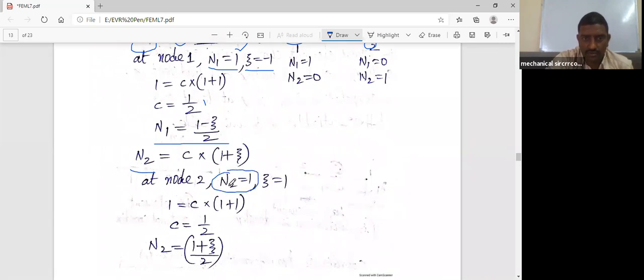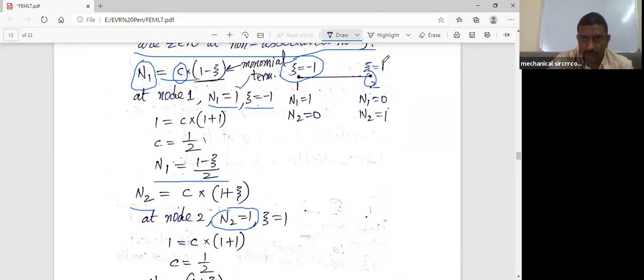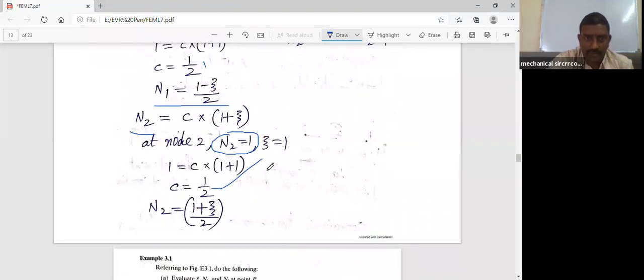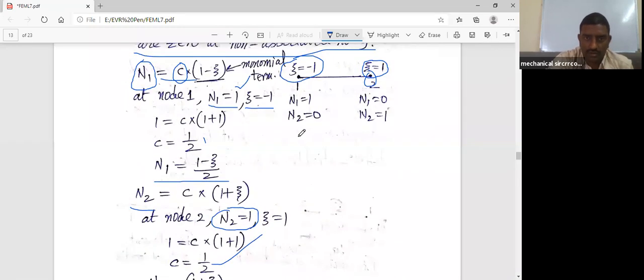At its own node, N2 value is 1, so ξ is equal to 1 at node 2. Therefore, c is equal to again 1 by 2, so N2 is equal to (1 plus ξ) by 2. In this way, we have to find the shape functions in natural coordinates.